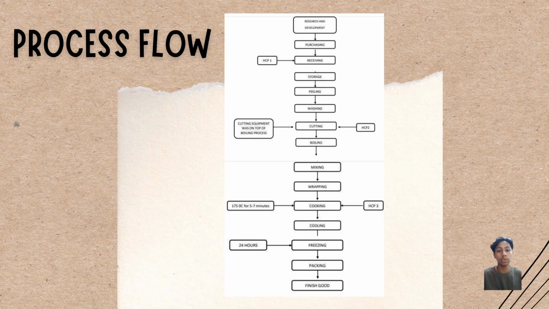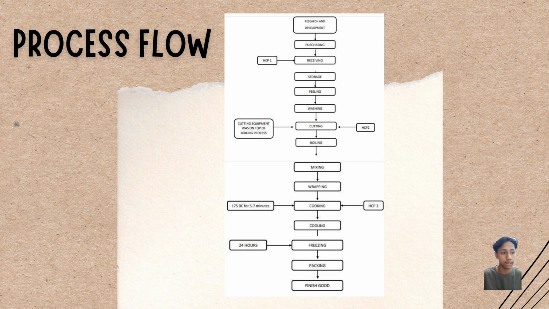Okay, so next we go through our process flow. As you can see, our process flow starts with R&D, purchasing, receiving, storage, peeling, washing, cutting, boiling, mixing, wrapping, cooking, cooling, freezing, also packing and also finished good. You can see there are 3 HCP in our process flow.